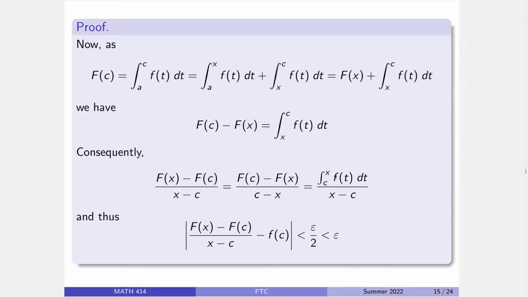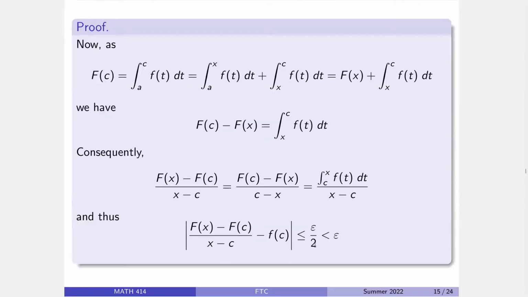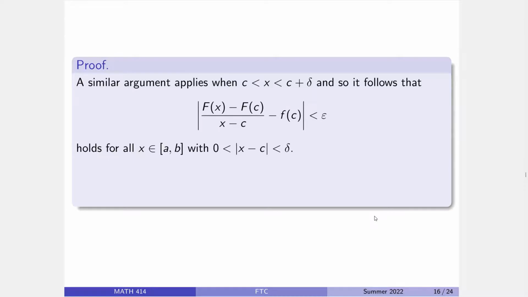Okay, beautiful. So we proved now that if x is to the left of c, but to the right of c minus delta, then this inequality must hold. And you can do the same argument where x is to the right of c, but to the left of c plus delta.